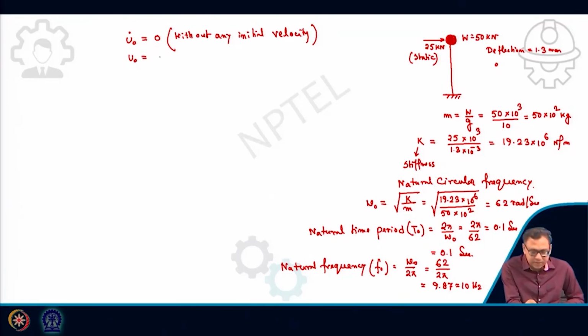What is that value? That value is 1.3 millimeter, or 1.3 into 10 to the power minus 3 meter.